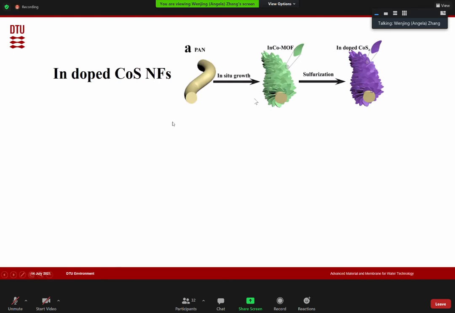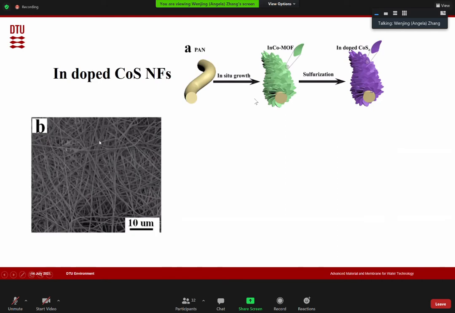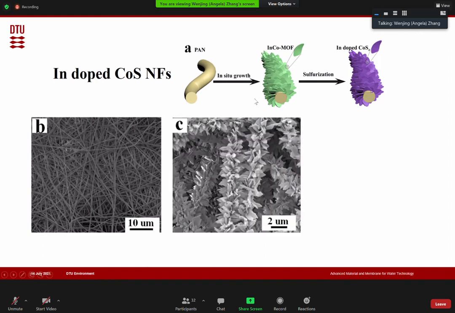Again, we start with our PAN nanofibers. Here you can see 3-dimensional microporous nanofiber membranes, and then we do the in situ growth of indium cobalt MOF. You can see here a kind of leaf structure covering the PAN nanofiber surface.